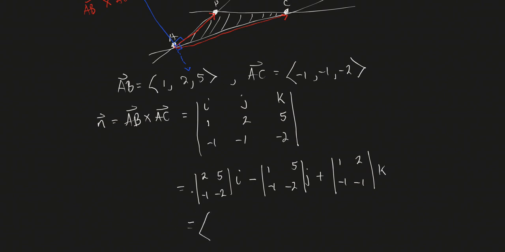So the components of the normal vector, or a normal vector, is -4 minus -5, comma, put a negative out there. We have -2, again, minus -5, comma, and then -1 minus -2.